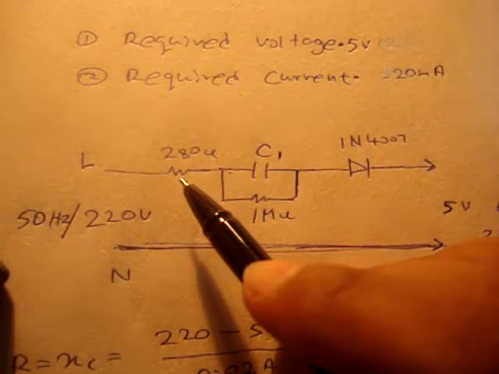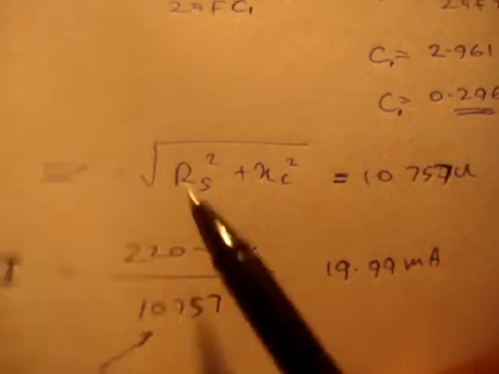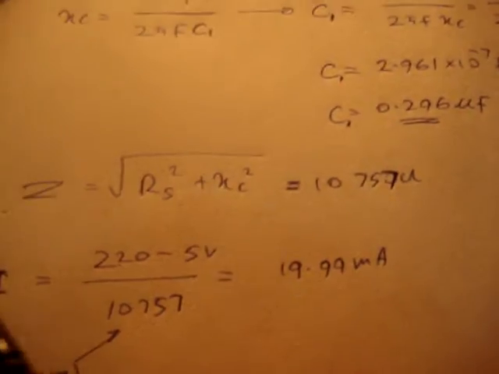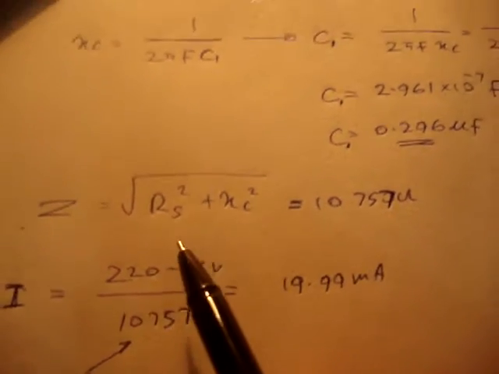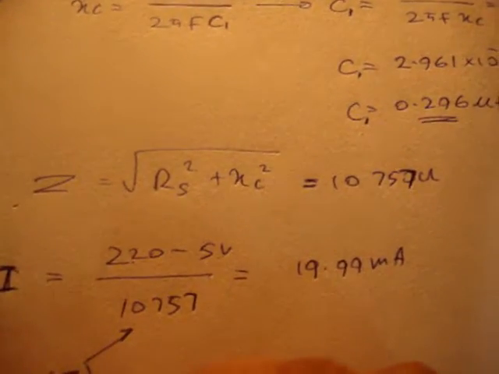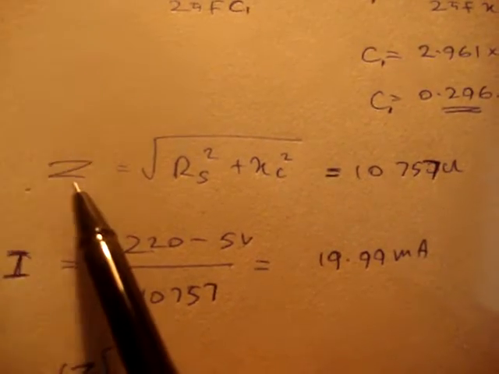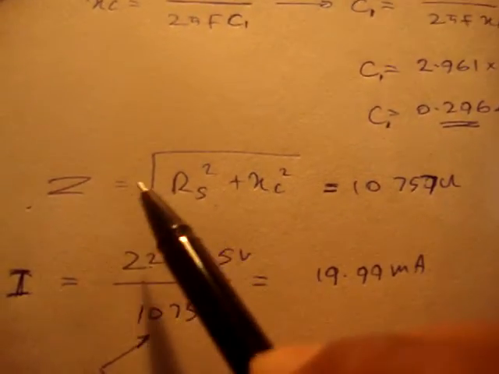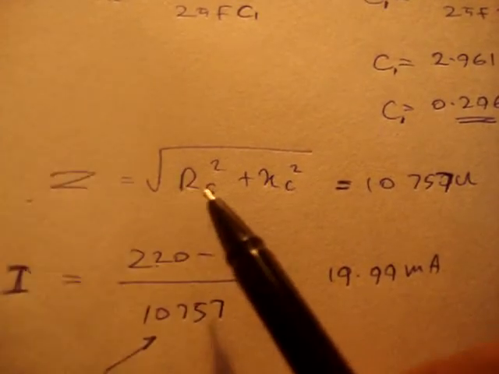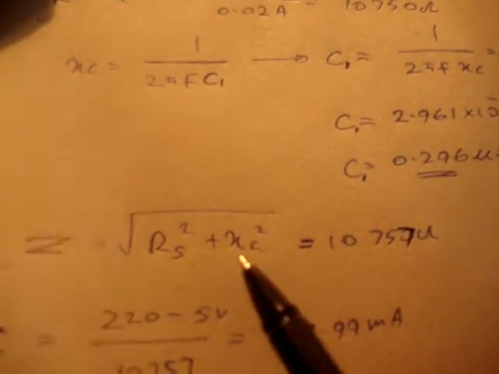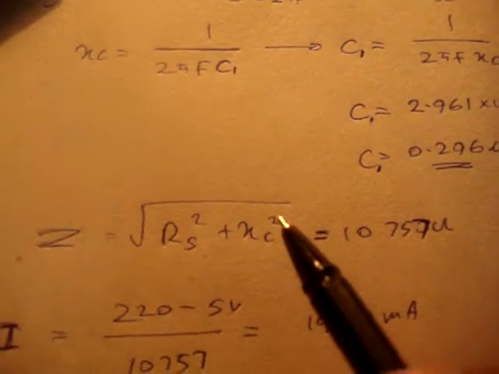This is the current limiter. Hence I calculated the circuit impedance to verify the equation. Z is the impedance of the circuit, square root of R series square plus XC square.